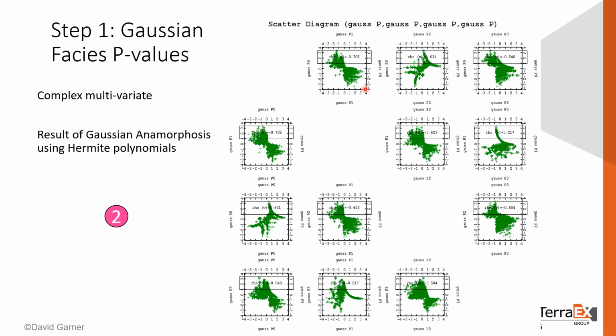The scatter diagrams for the p-values, and this is just showing the cross plots of, say, p-value 0 to 1, 0 to 2. It's like a correlation matrix. Here are scatter plots, and it's highly nonlinear.